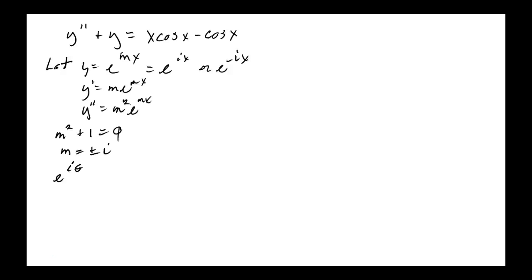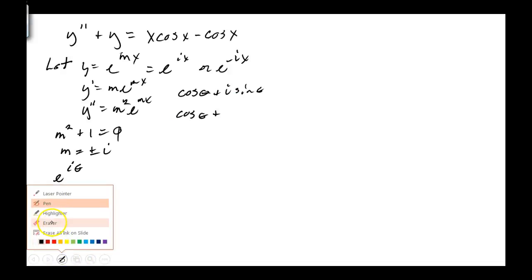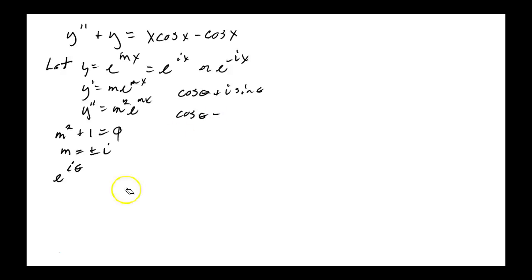What that's equal to, e to the ix would be cosine theta plus i sine theta. e to the minus ix would be cosine theta minus i sine theta.